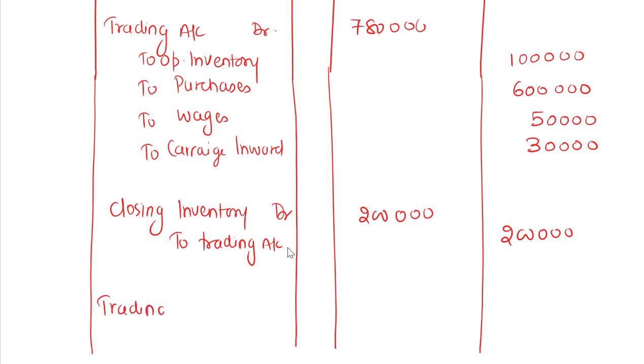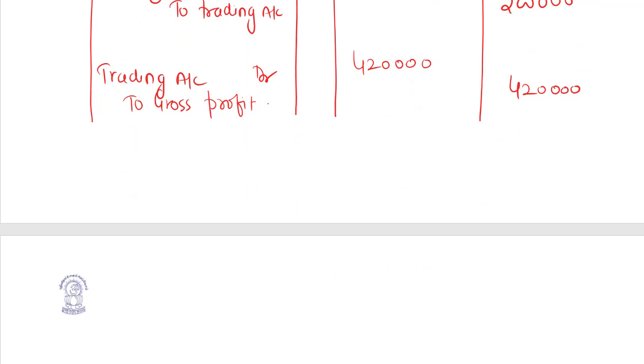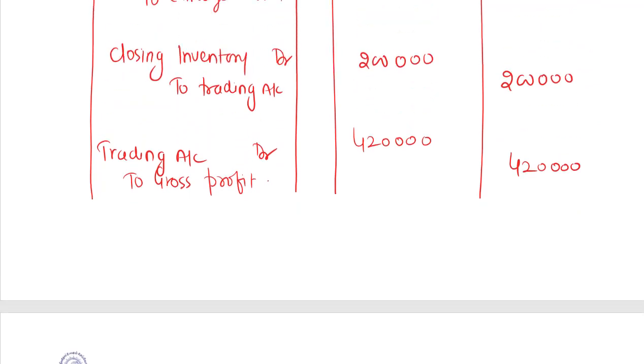And at last, trading account debit to gross profit, to gross profit 4 lakh 20,000. I believe you understood. Let us continue.